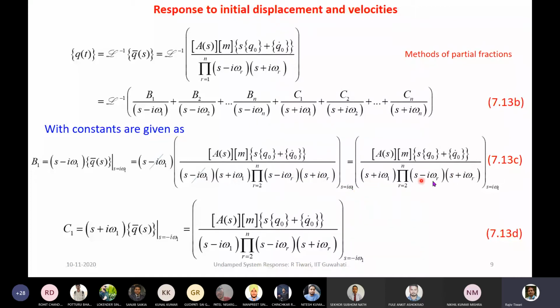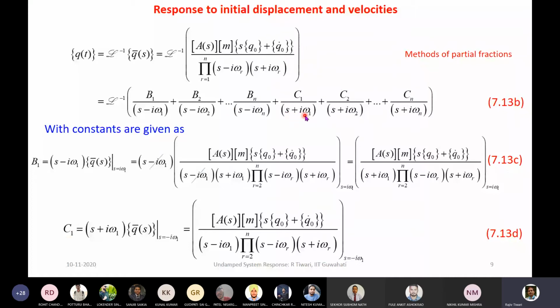Once we substitute s equal to i omega 1 in this, before that, this has been simplified by dropping this term. This is also similar: this is for C1, and that is for the other term.